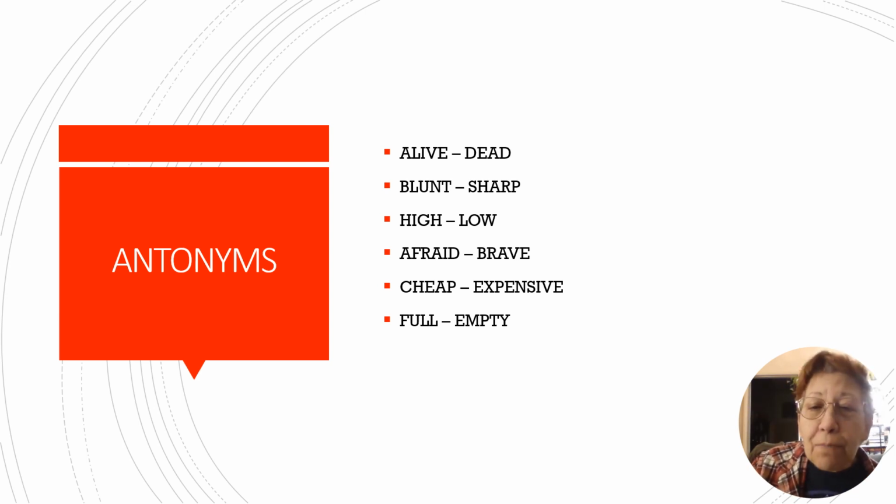Now we're going to look at cheap, expensive, right? Cheap is something that doesn't cost too much, and expensive is a lot of money, something big. So let's see the pictures we have here. They're giving us a demonstration using stones. So on the cheap side, we're looking at a stone that does not cost too much money.